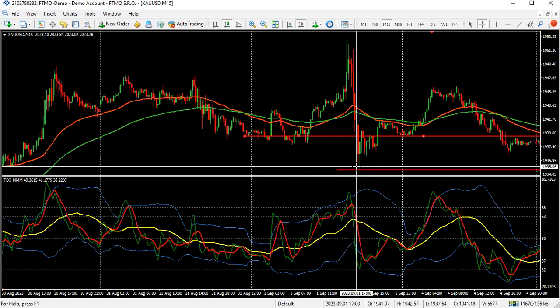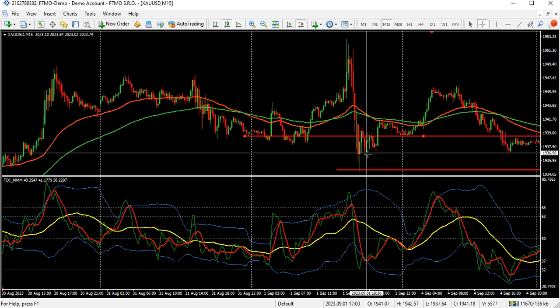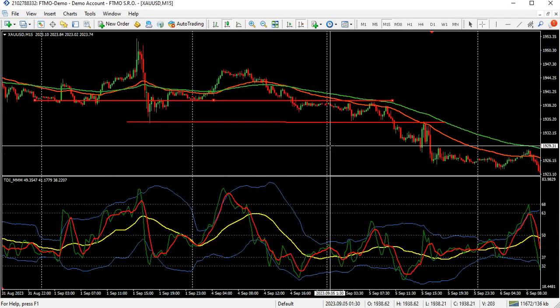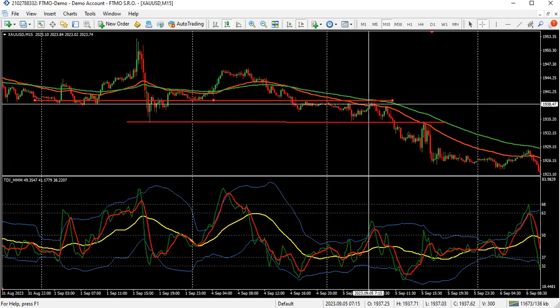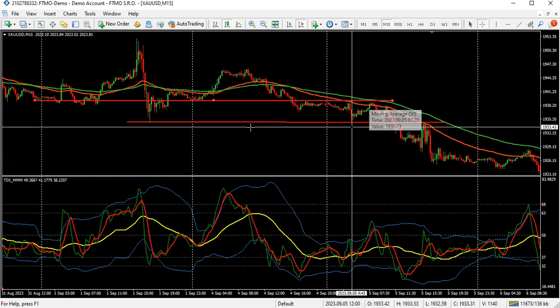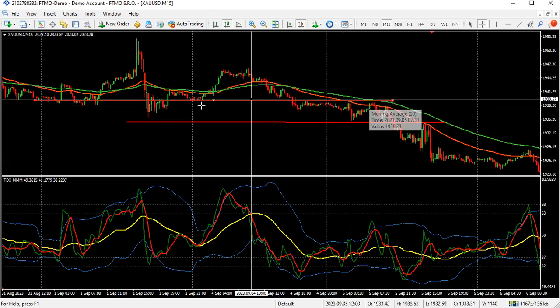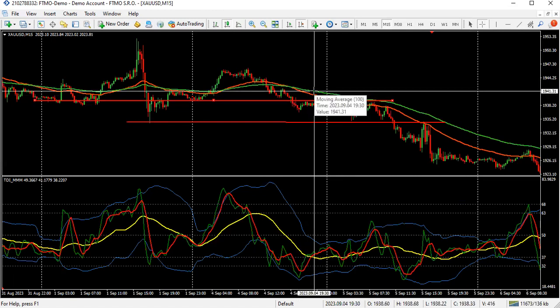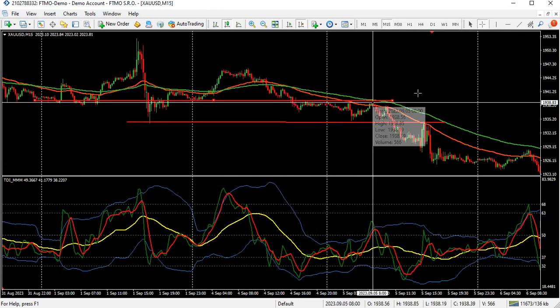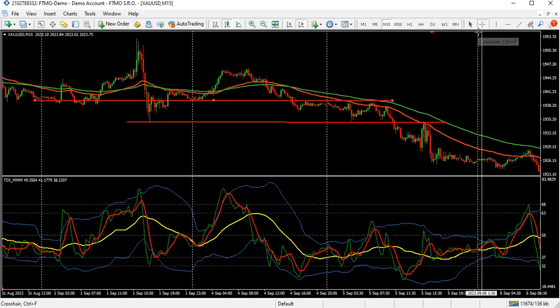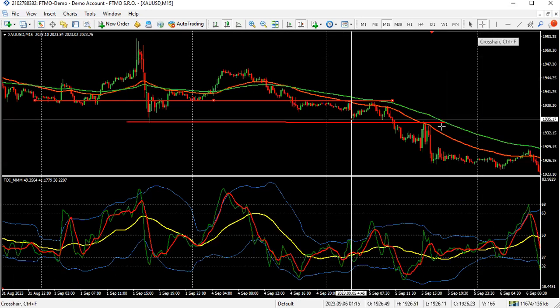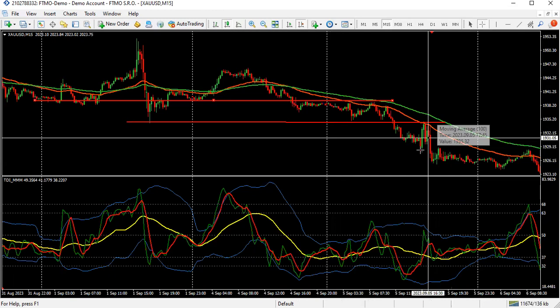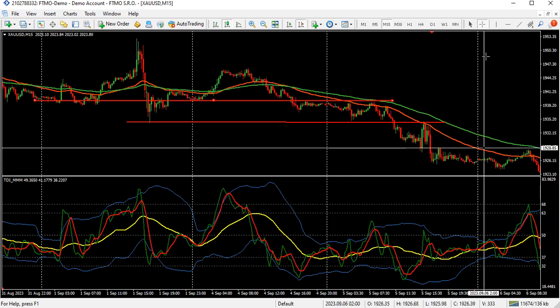You should be getting in at a higher low position. For the bearish trend, your entry for the sell should be off a lower high. You should be seeing a lower low forming a lower high. Lower low, lower high, lower low, lower high.